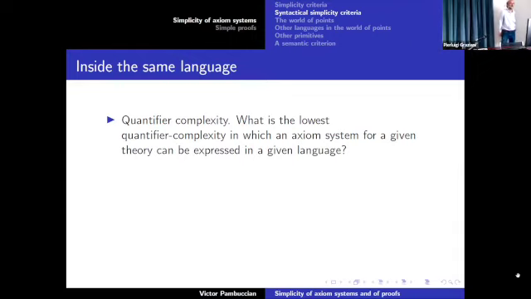Okay, so suppose you decided now on the language. We live in just one language. Then you want your individual axioms to be as beautiful as they can be. Well, what's one of these beauty criteria? Well, we don't like lots of quantifier alternations.